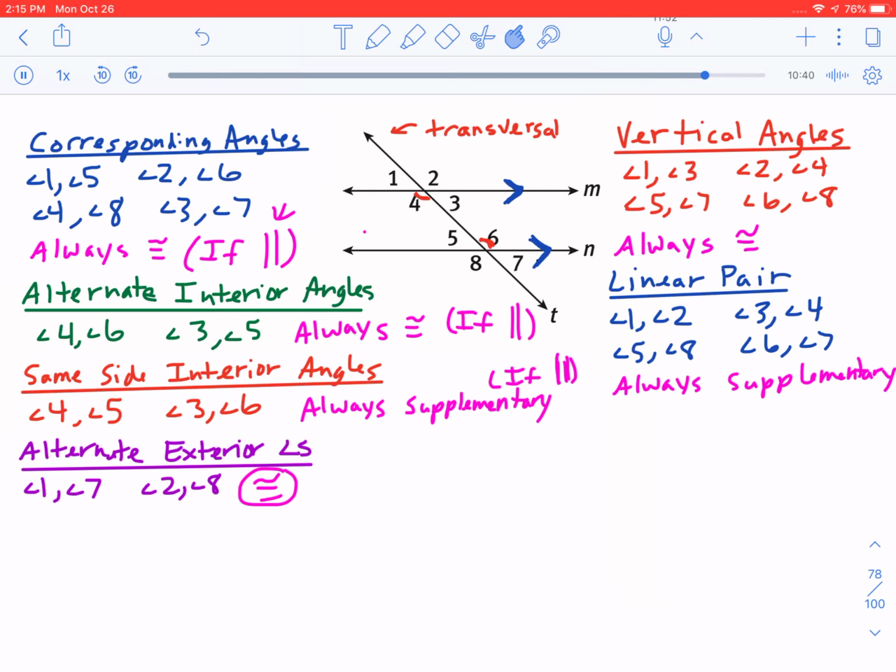And then the last kind is, looking for a new color here, I've used just about everything. Let's use this. The last kind are same side exterior angles.